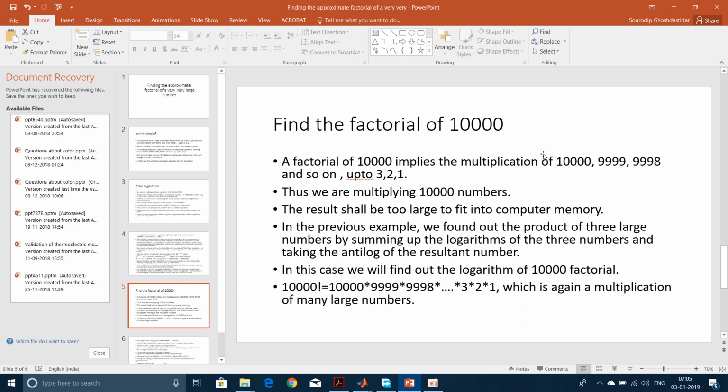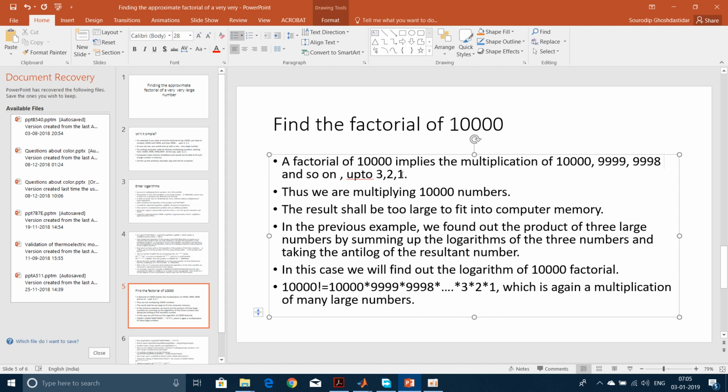We would just extend this into finding the factorial of 10,000. So we would just be finding out the logarithms of 10,000, 9,998, and so on up to the logarithms of 3, 2, and 1. And we would be adding this.